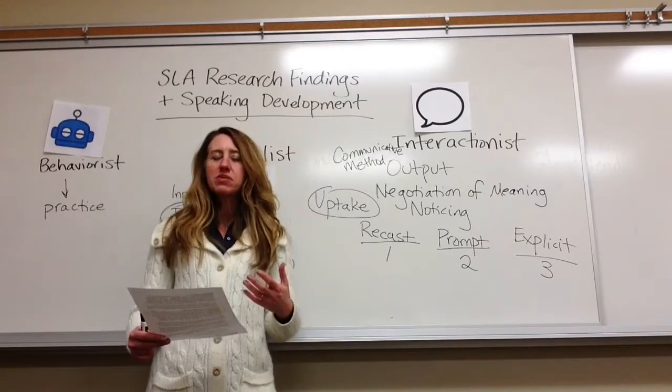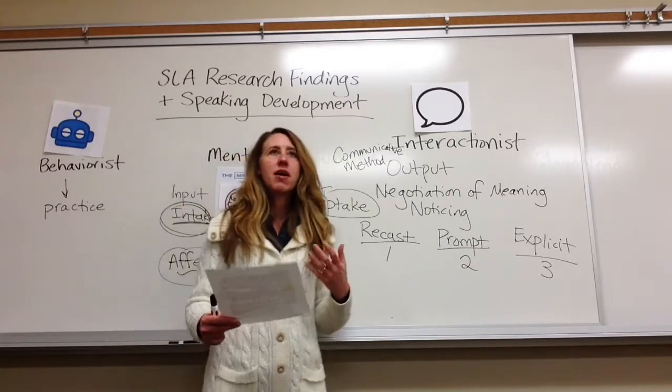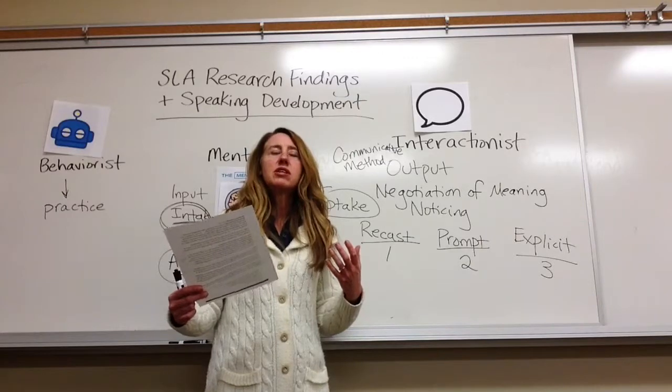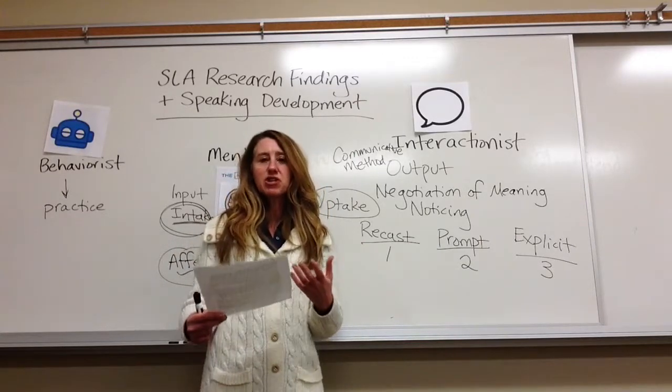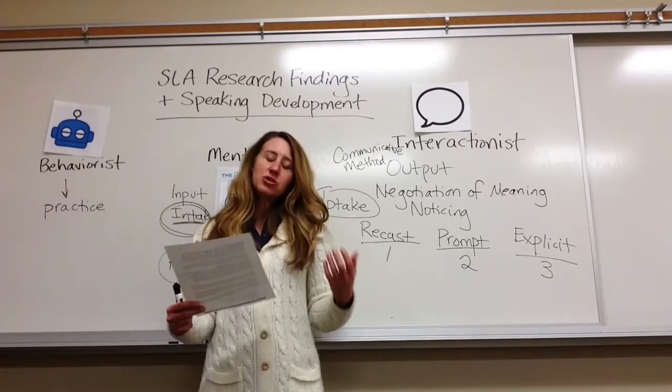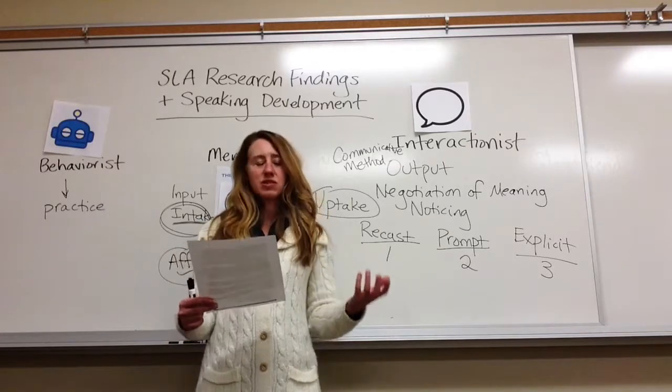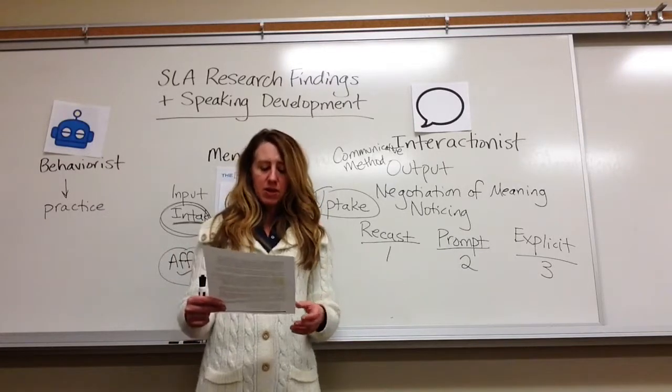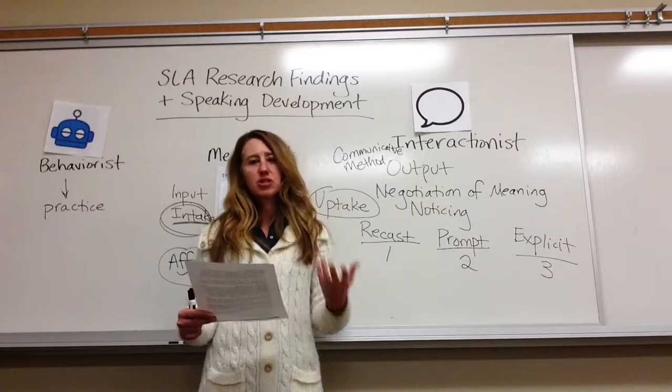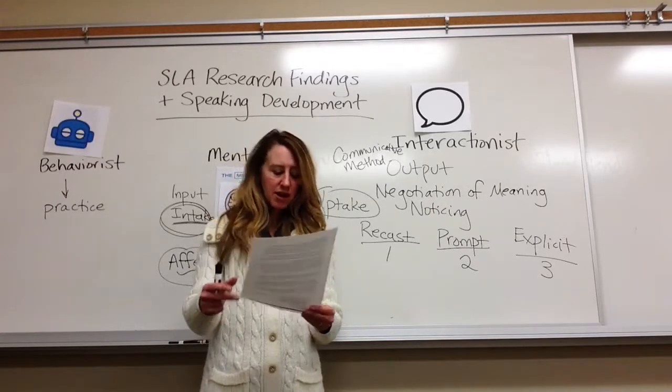So the examples I've been giving to you, they're all students needing to fix maybe their pronunciation of bus, or to use the past tense, went instead of go, to use an article, or to use the correct preposition, that kind of thing.